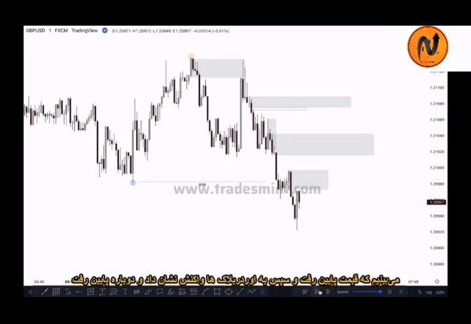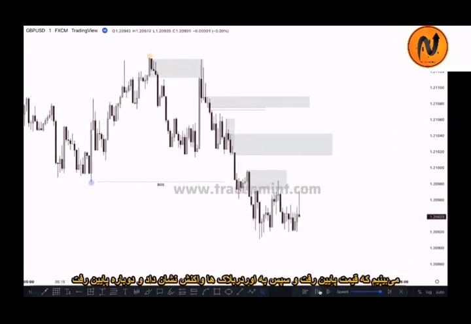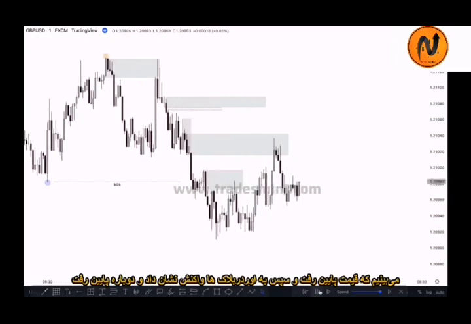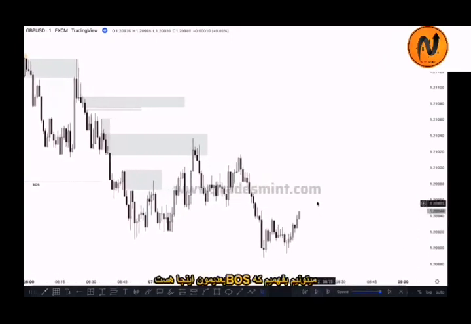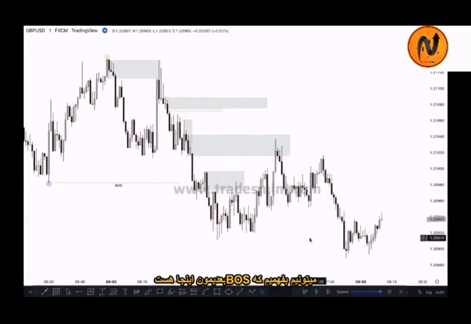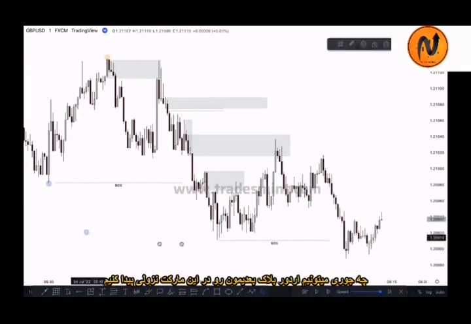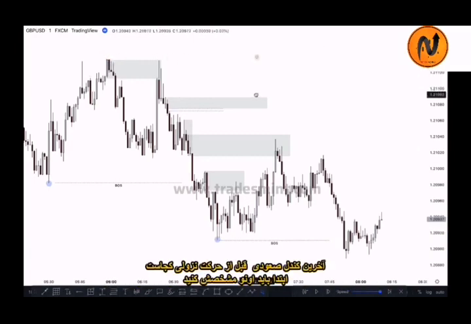So we can see here the market pushed downside and took some reaction on the given order block and then pushed downside. So generally we can see here already this is another break of structure, correct? So how can we identify another order block in a bearish market? So where is the last buying candle before the sell? You have to mark.